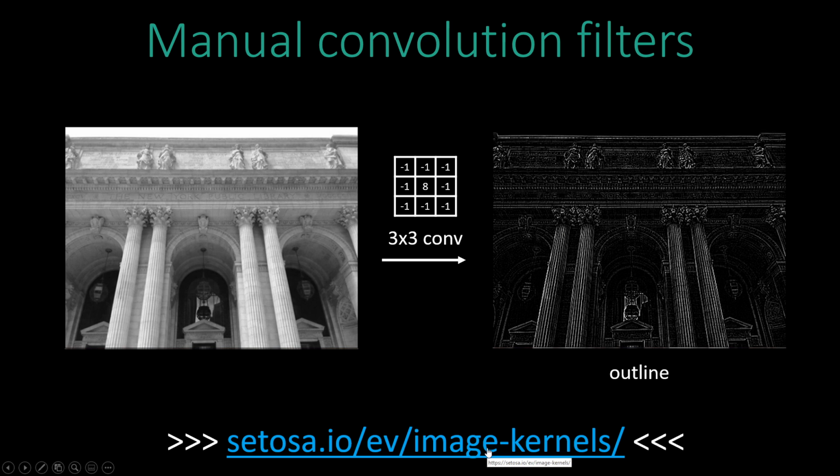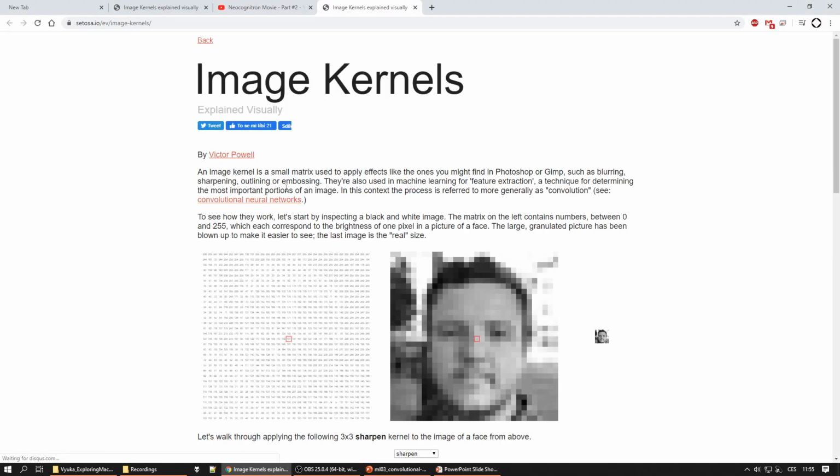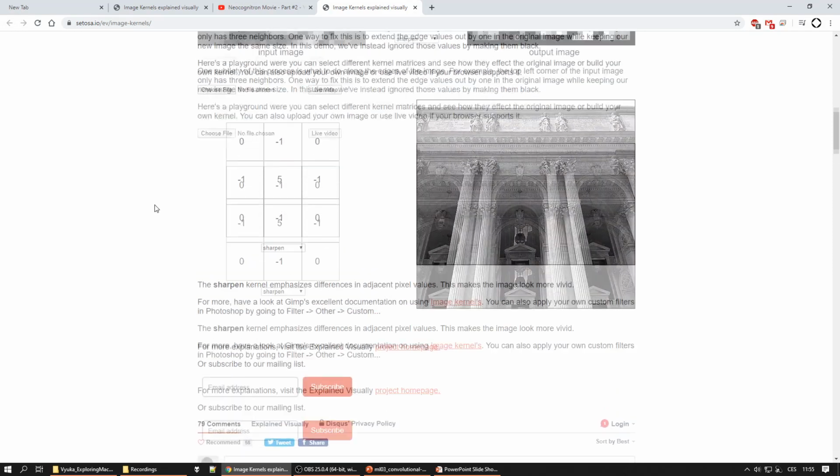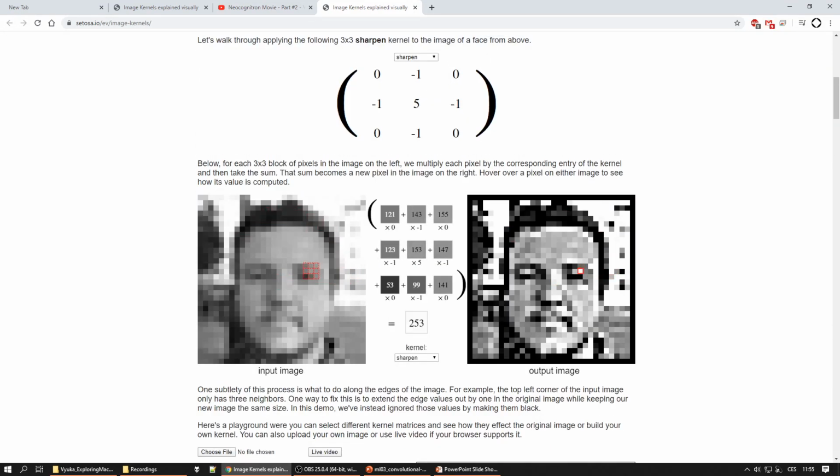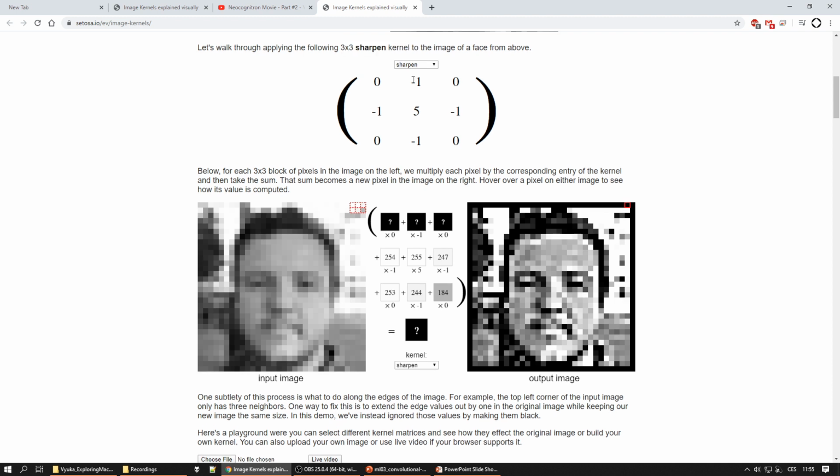To look into the details of this, again, I will open this website, and here we can see it quite nicely. On the left image, we can see that there is a 3x3 input area, and there we can see this 3x3 kernel, which is the sharpen kernel, which means that these weights have been found manually to figure out that if you apply this over the image, it will sharpen it.